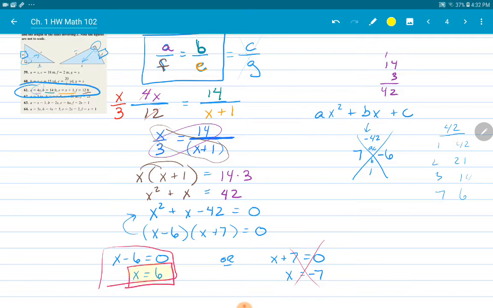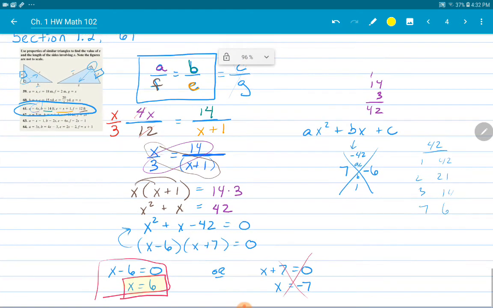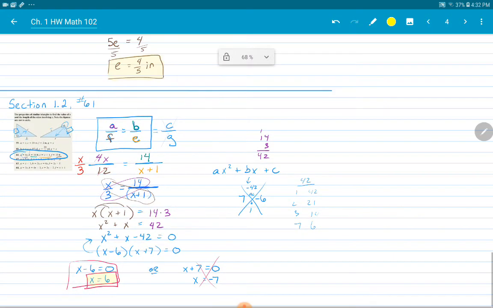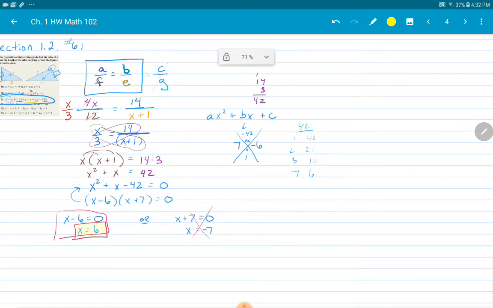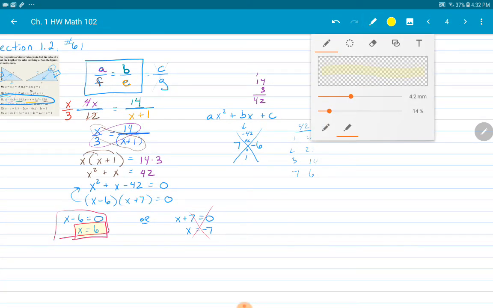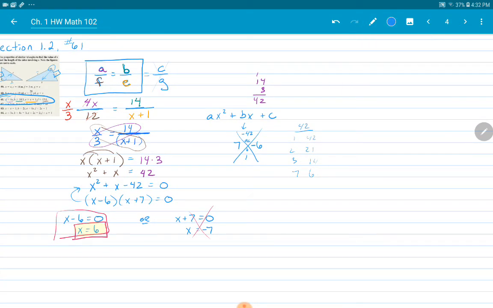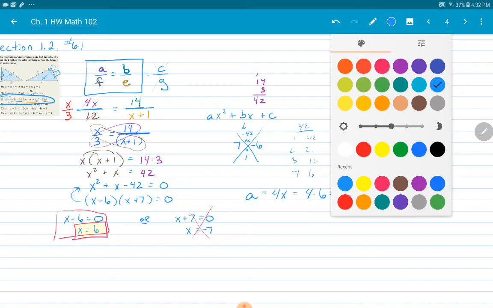And then I'm not quite done. I still have to go back and solve for A, B, F, and E using that x equals 6. Okay, so my formula for A is 4x, so that's 4 times 6, which gives me 24. And then B was just 14.